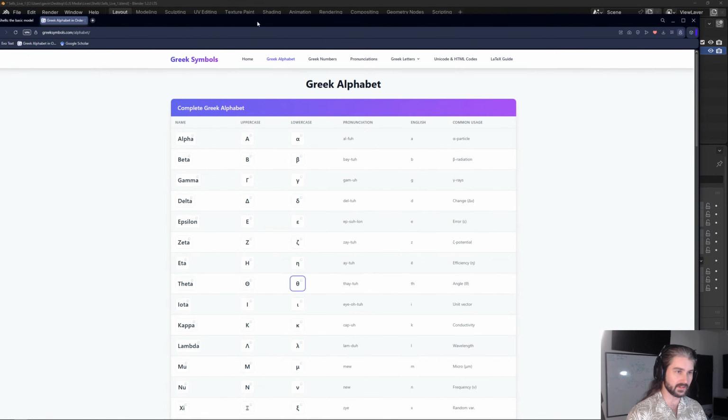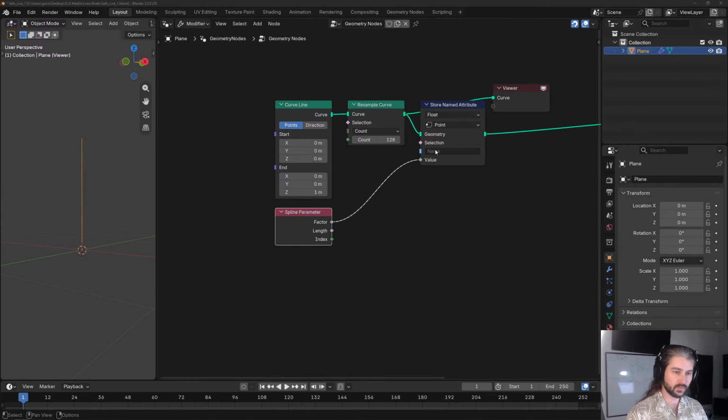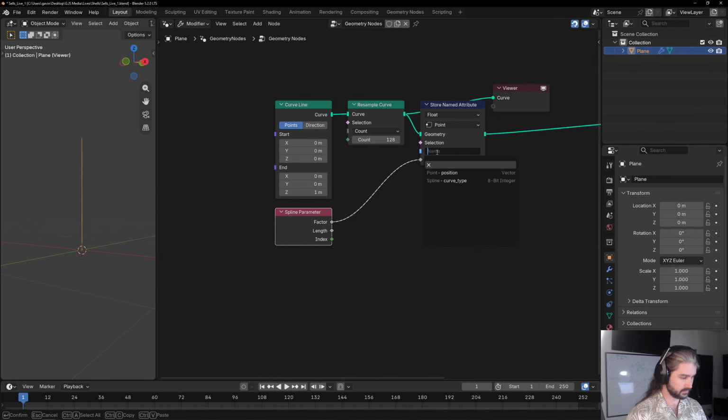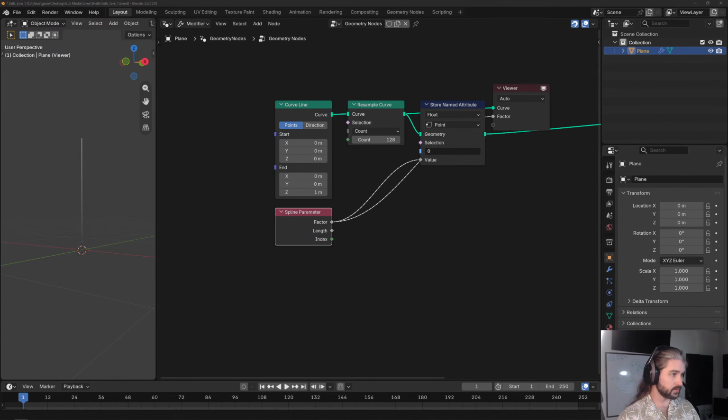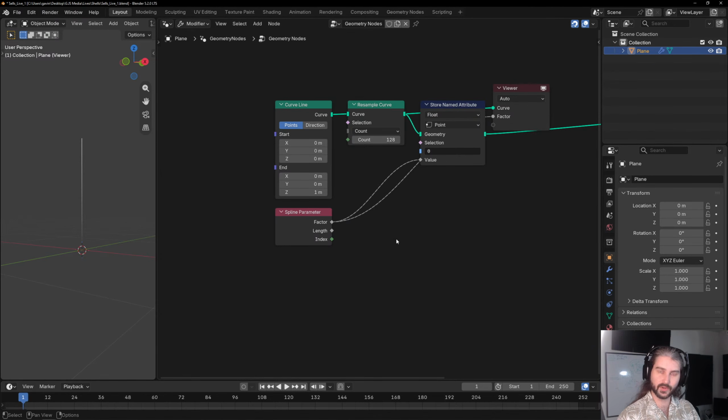So we can copy theta and then plug that directly into our named attribute. So now we literally have an attribute called theta. Anyway, this stores our factor on our geometry so that we're able to play with it and convert it into something a little bit more usable.